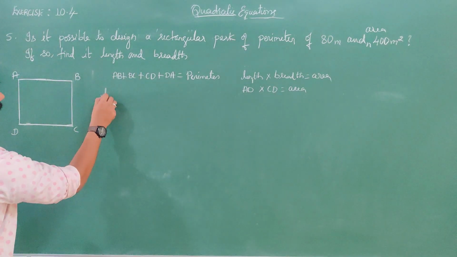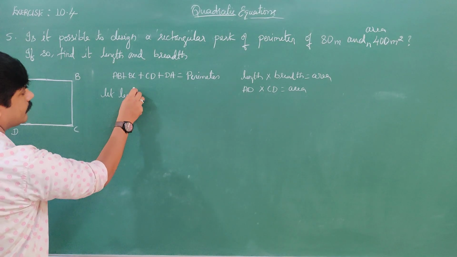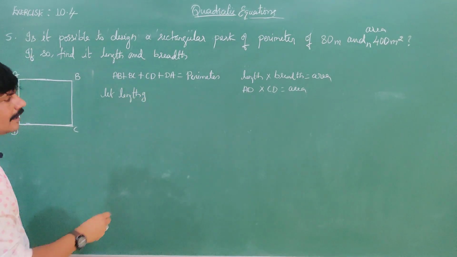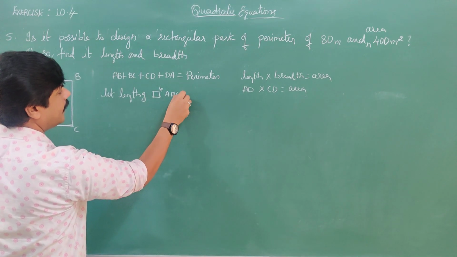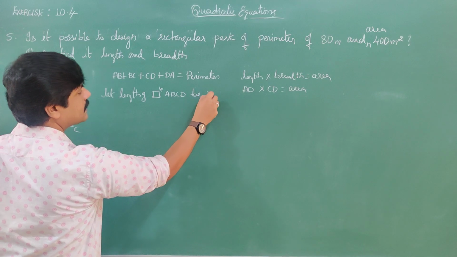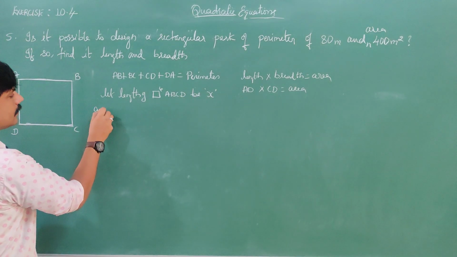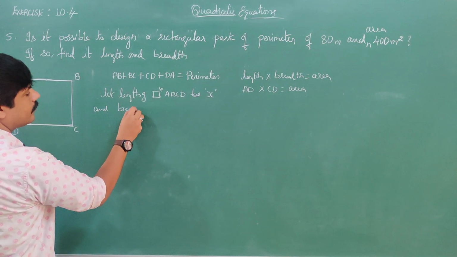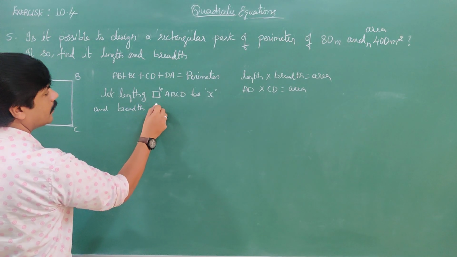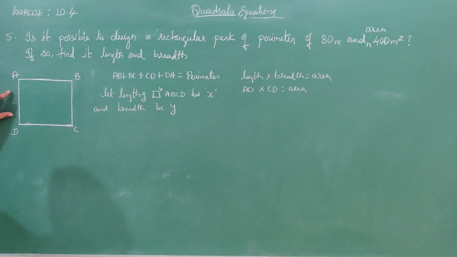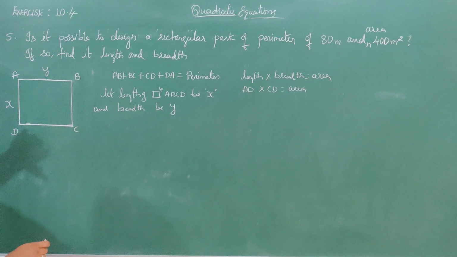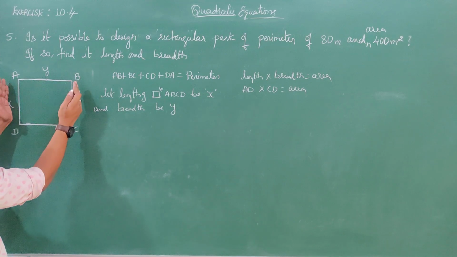Let the length of rectangle ABCD be X and breadth be Y. Understand? If length is X and breadth is Y, you can see that opposite sides are equal.